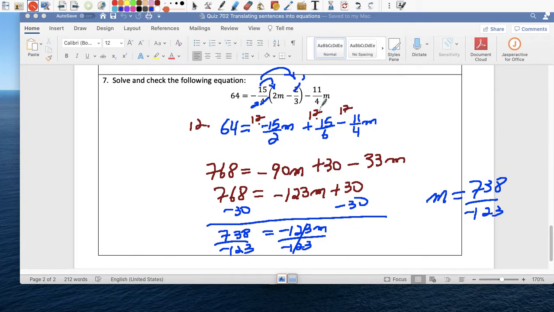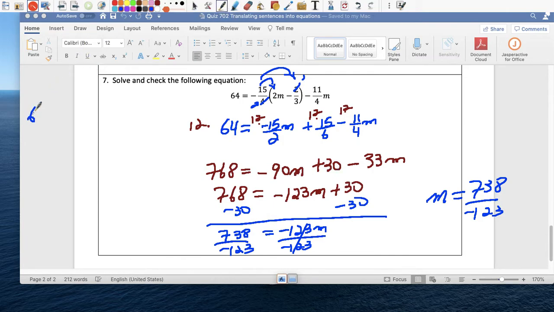That was a positive 15 over 6: 12 times 15 is 90, divided by 6, this one's going to be 30, that's okay. And 12 divided by 4 is 3, 33, right. So it looks okay. That looks like the right answer.